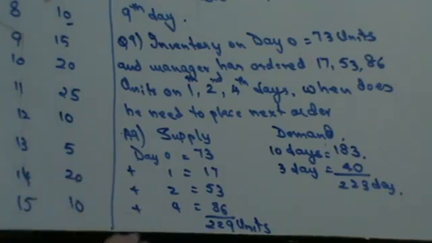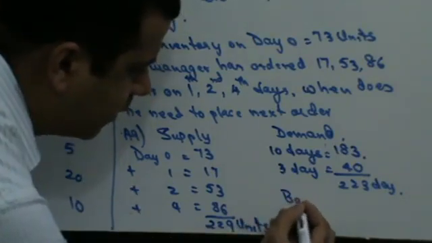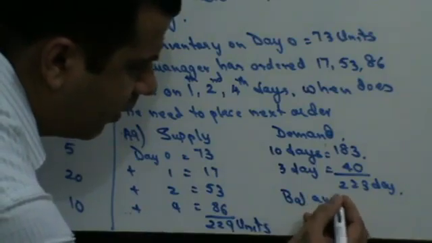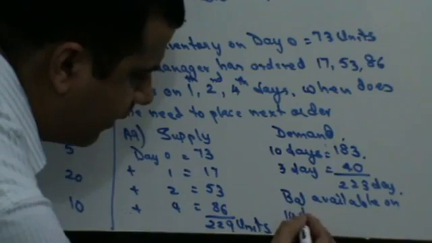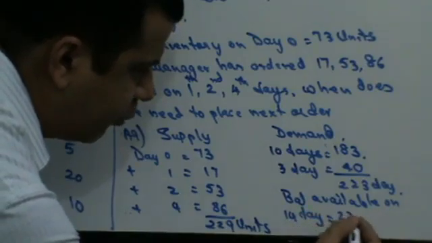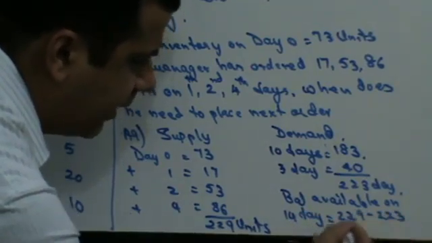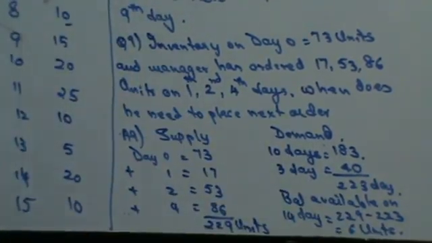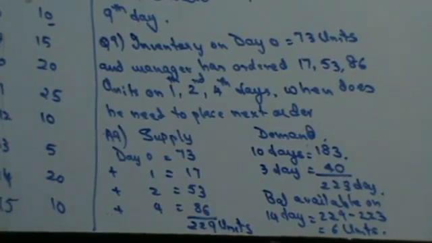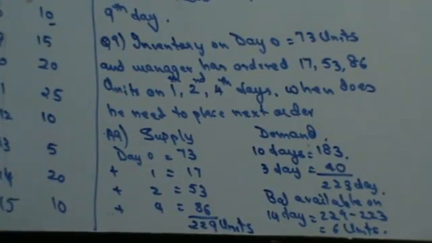That means my balance available on 14th day will be 229 minus 223, 6 units. I will have 6 units available for production on the 14th day. But on the 14th day, how many units do I require? 20.